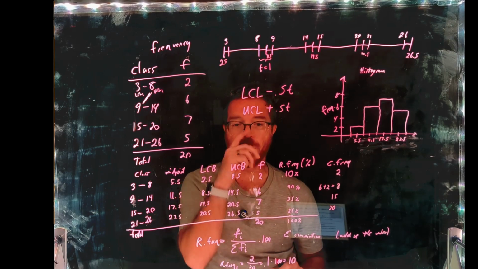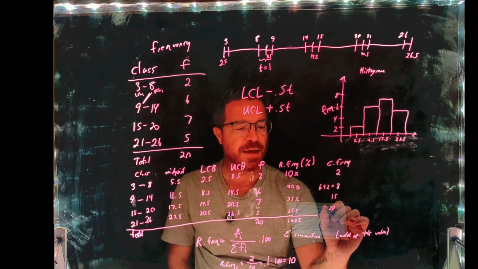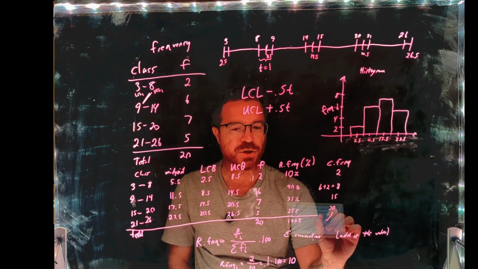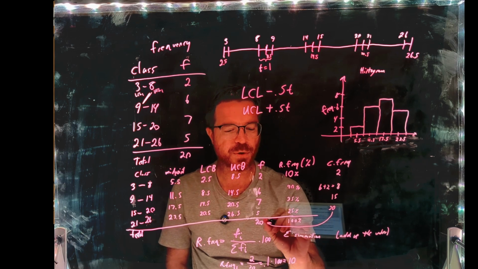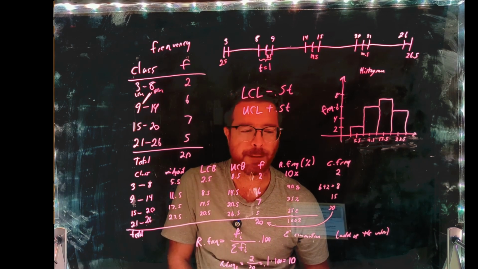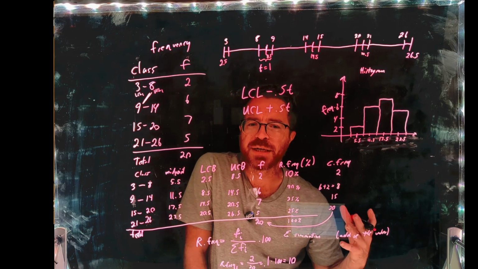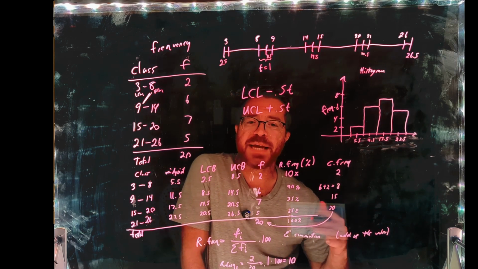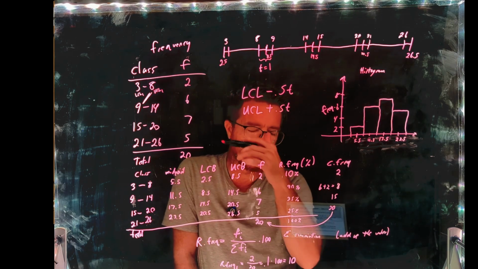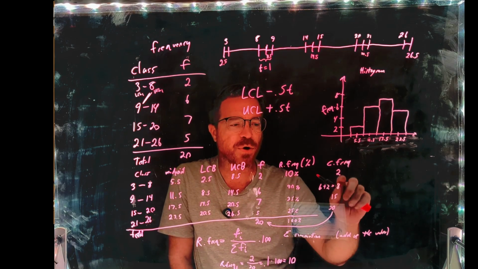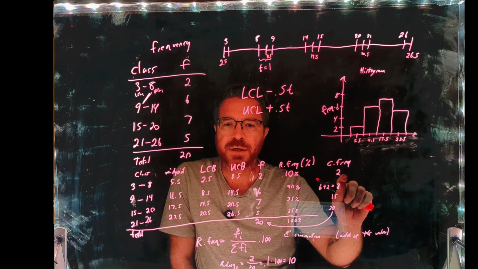Now there's another place you can always check yourself, because this cumulative frequency should always sum up to the total of your frequencies. Now, you might wonder, okay, going back to my quarterly earnings, what does this represent? Well, this represents how much money you've made up to that point, going off the same example. So in the first quarter, they earned $2 million.